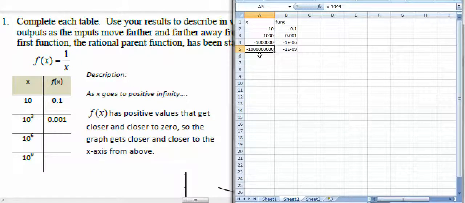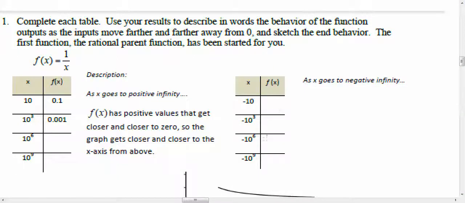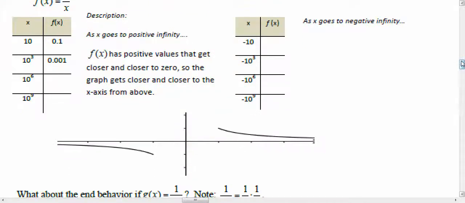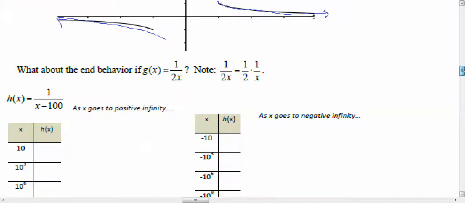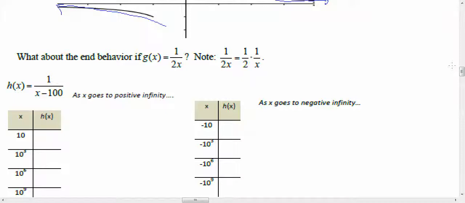So it still tapers off to 0, just on the negative side. So the end behavior would look like this: as it goes further and further out, you get closer and closer to 0, and as it goes further and further out negative, it goes closer and closer to 0.